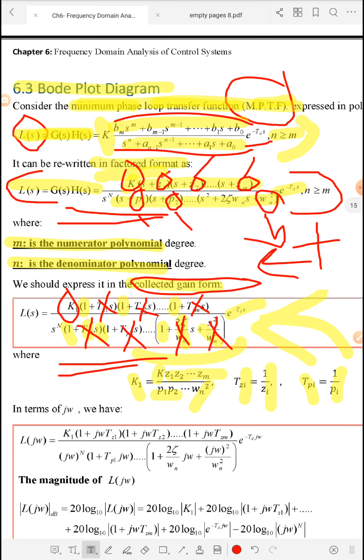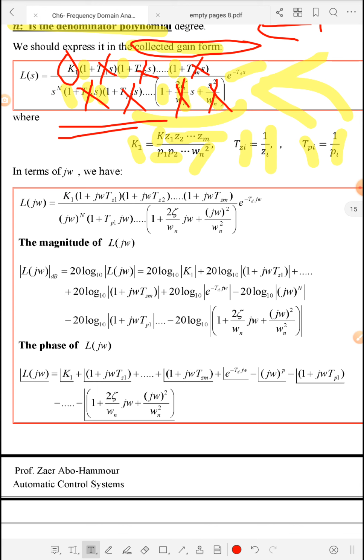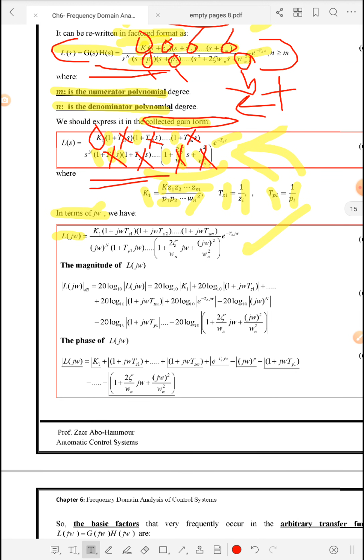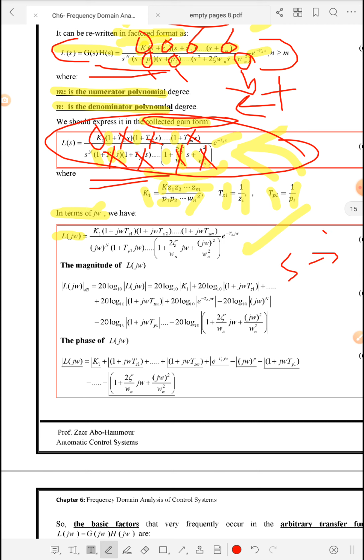So, if we continue our process, as we said, when we want to cover the frequency domain, we will replace s by j omega. In the previous equation, we replace each s by j omega, and this is what we understood from the previous lecture.